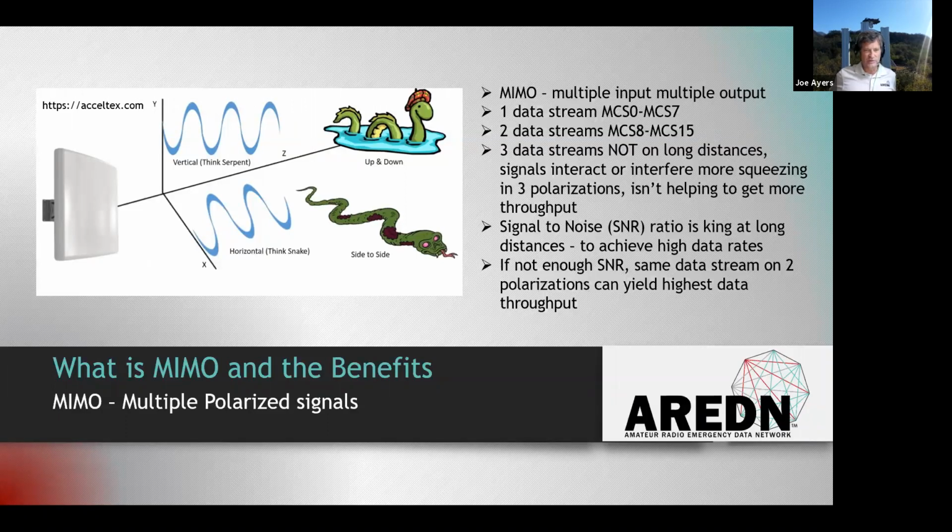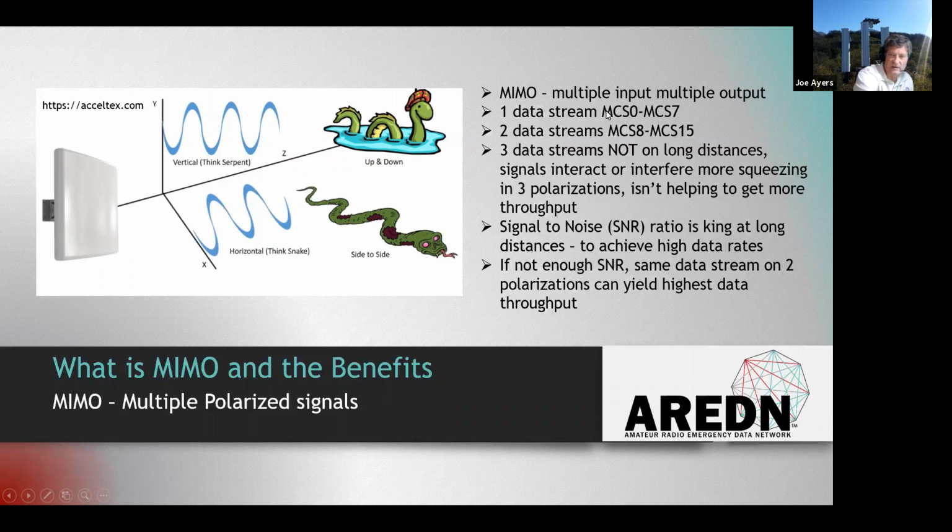Thus we could send either the same data on both, combining it at the receiver as if it was just one polarization, or we could send double the data, to double the rates we could get, and receive both uniquely on the receiver.